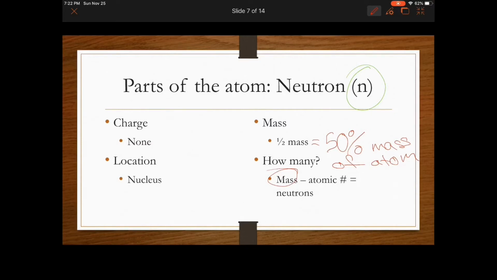So we are going to take the mass number, subtracting the atomic number to equal the number of neutrons. Remember, the neutrons and the protons make up the mass of the atom, so that is why we use the atomic number, because we're given the mass of the atom, we know how many protons are in there, so that just leaves us to figure out how many neutrons there are.